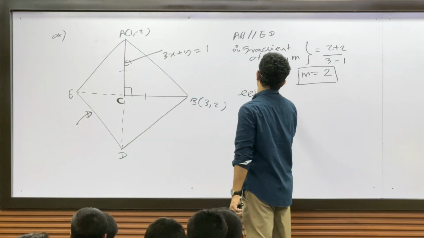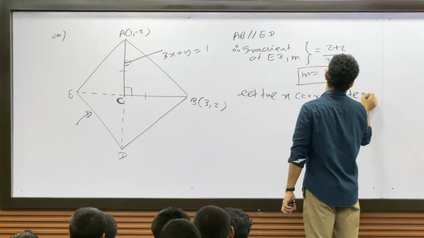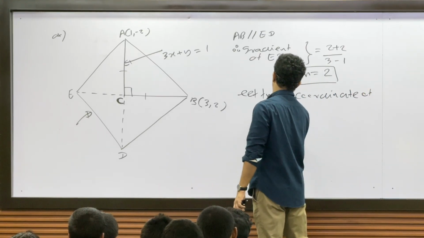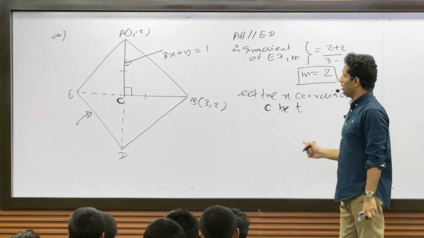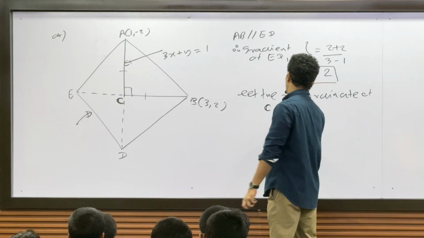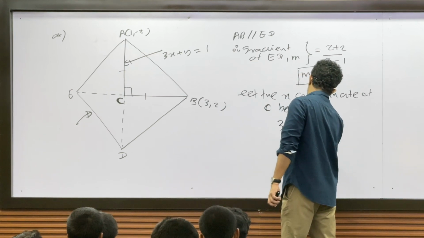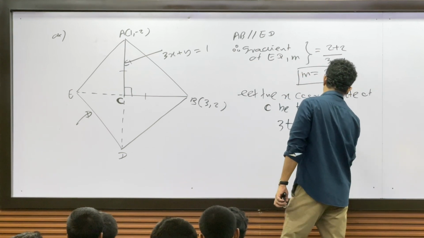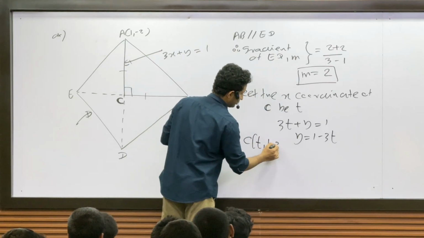Let the x coordinate of C be t. If the x coordinate is t, what is the y coordinate? You know that 3t plus y equals 1, then y equals 1 minus 3t. Therefore you can write C as (t, 1 minus 3t).